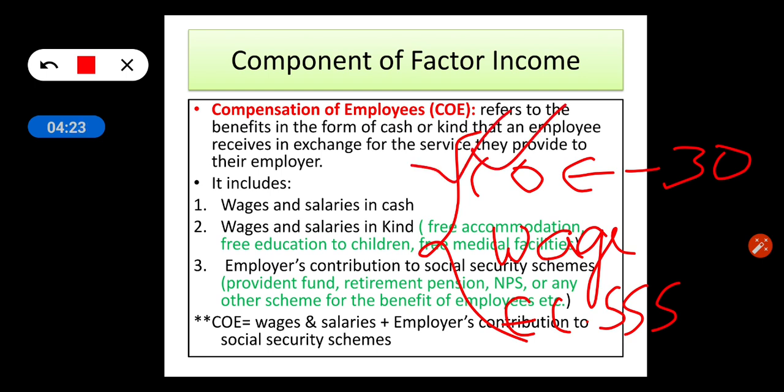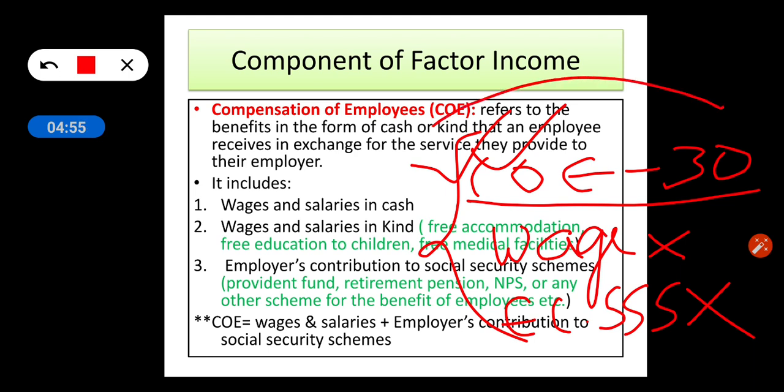We know that wages and employer contribution to social security scheme are a part of COE, right? So if the value of COE is given, we will take the value of COE, because they are already included in it. So we will neglect the value of wages and employer contribution to social security scheme if the value of COE is given.